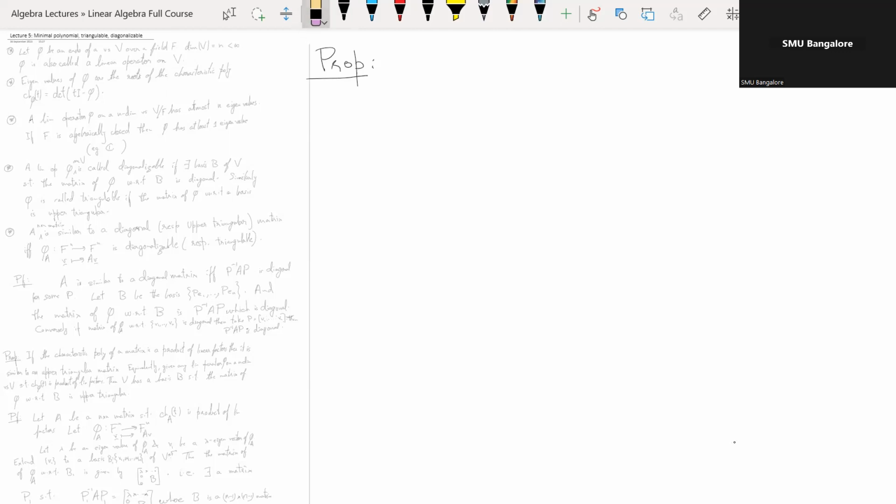So maybe let me first state the theorem. Let A be an n cross n matrix such that the characteristic polynomial of A has n distinct roots.